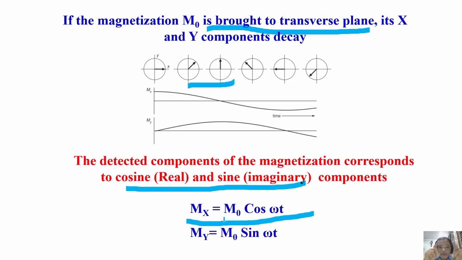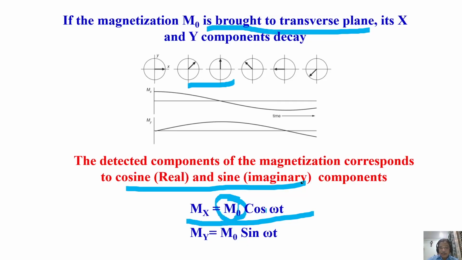Now, the mx component of this I represent as m0 into cosine of omega t. What is m0? m0 is our magnetization in thermal equilibrium, the magnetization which was along the z-axis before application of the pulse. That is considered as m0.